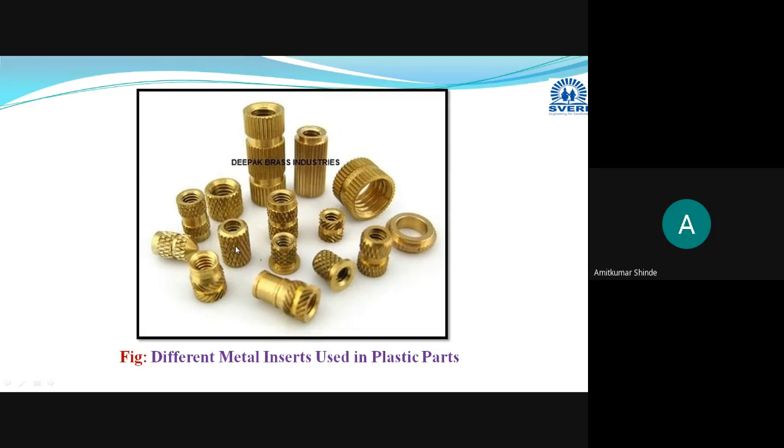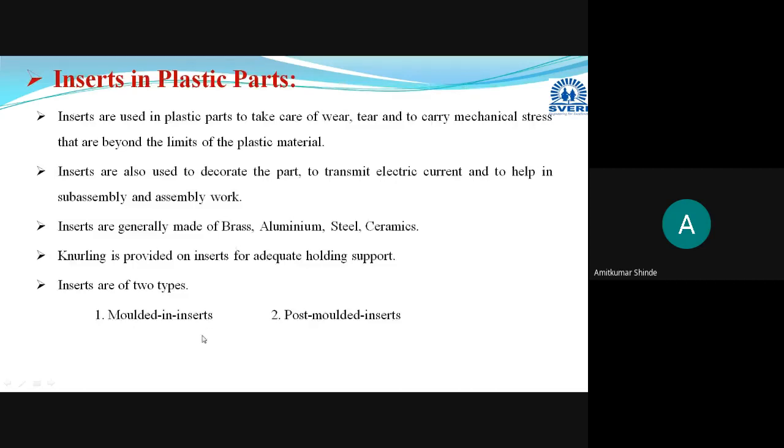Then there are two types of inserts: molded-in inserts and post-molded inserts. Molded-in inserts are placed in the mold itself before closing it.